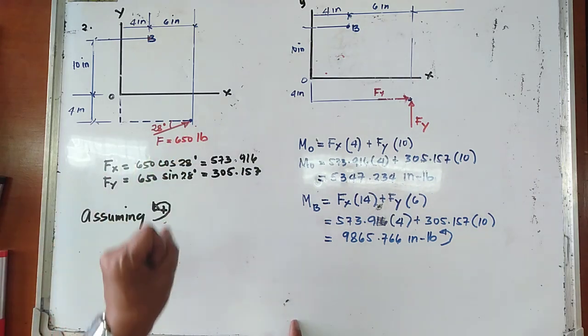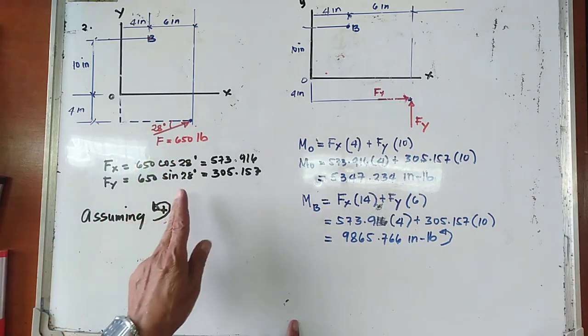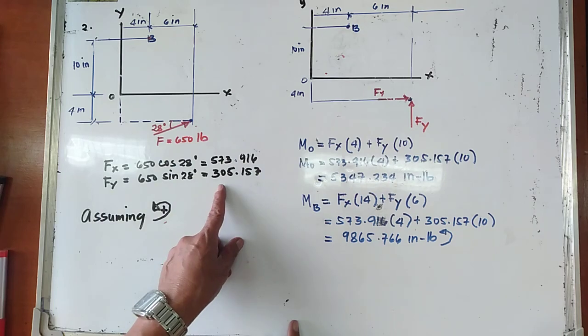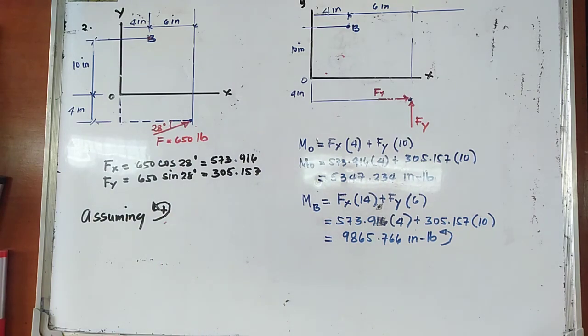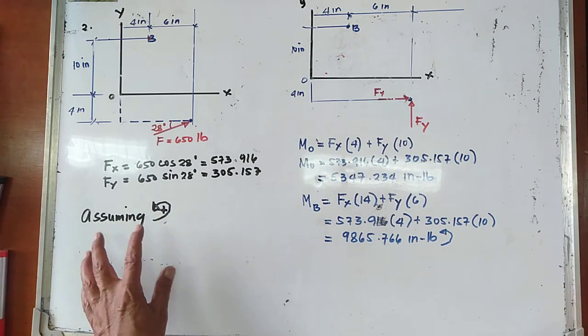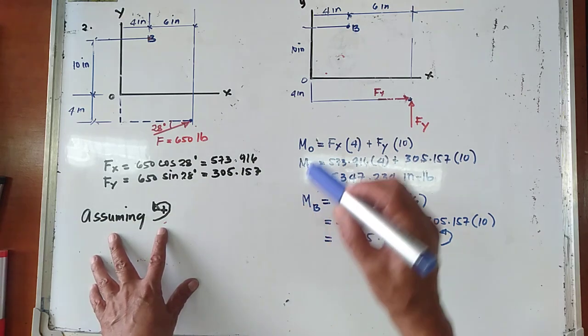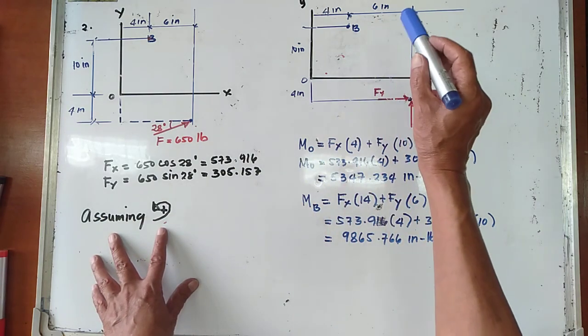And the y component is 650 sine of 20 degrees, so we have 305.157 pounds. Now again, assuming counterclockwise moment as positive and applying your Varignon theorem.